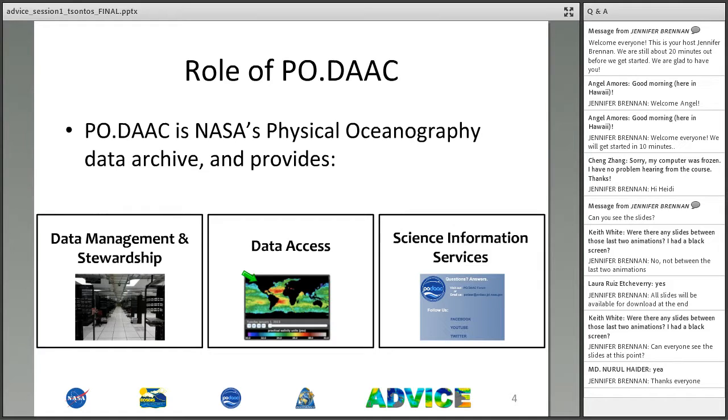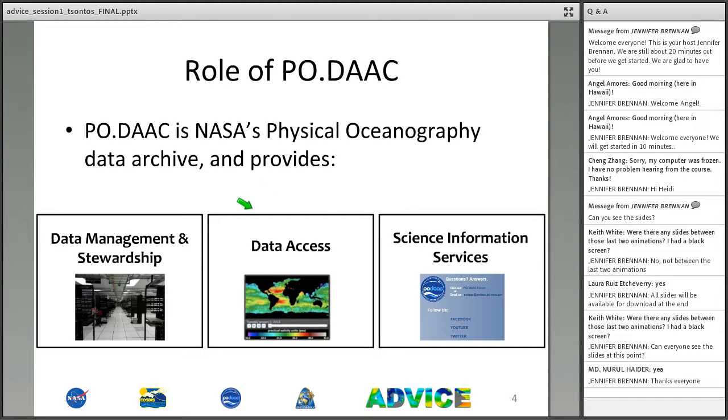So PO.DAAC's role in this project throughout the mission operations has been to serve as the designated archival and distribution node for all of the Aquarius mission science data. PO.DAAC is more than just a data center.